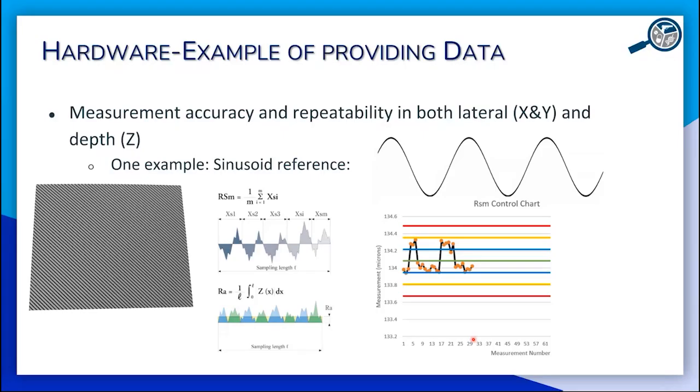And Alan's going to talk a little bit more about specifics of the different experiments that the TWIG is going to be recommending. But once you get these measurements, you can plot them in your control chart, and the control chart will then start giving these bounds. If over a period of time the measurements are reasonably controlled and you're not seeing out-of-bounds points, this provides some objective evidence that you have repeatable and controlled measurements.